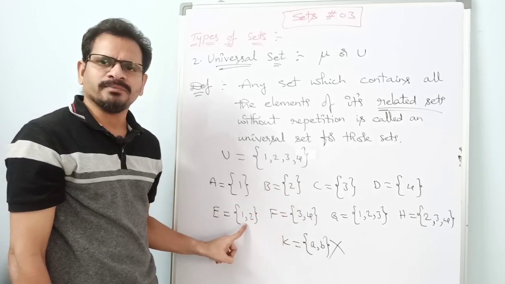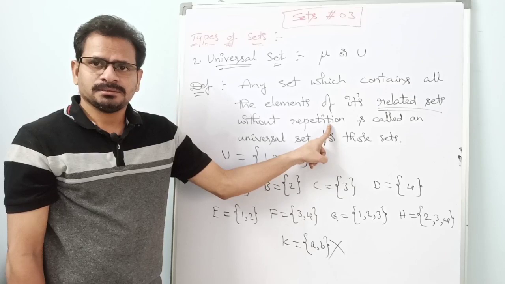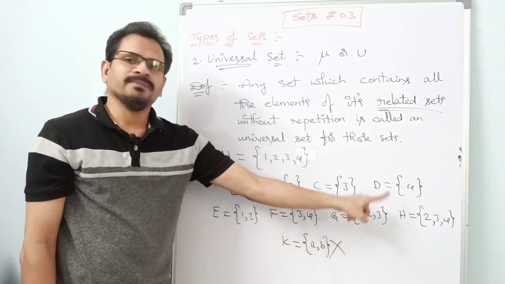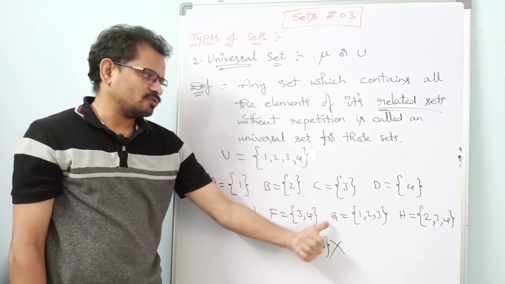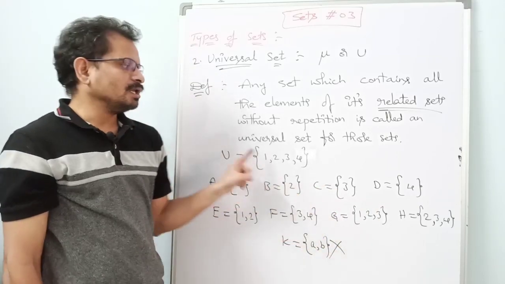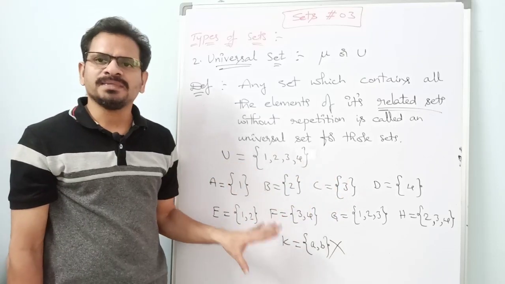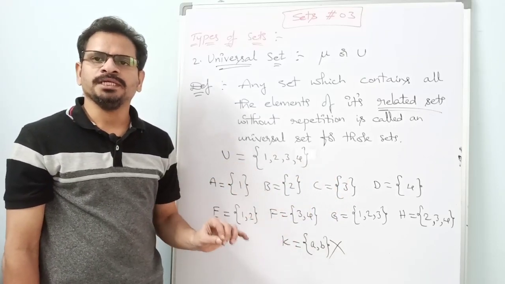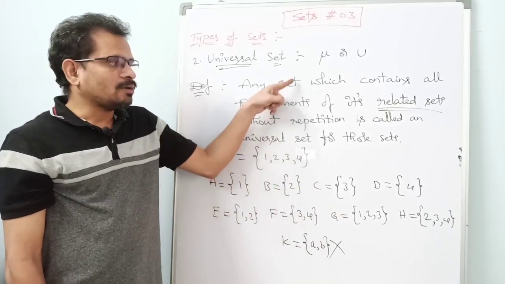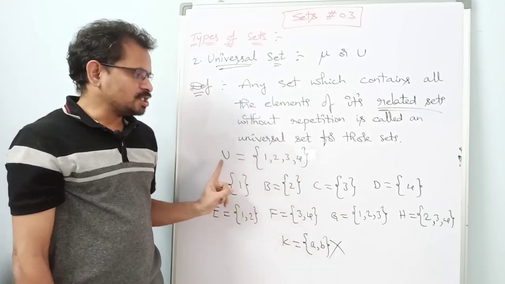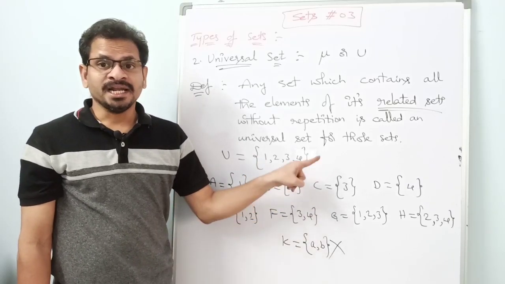No need to write them again because it is without repetition. But all these elements must be there. What are the elements here? 1, 2, 3 and 4. Only 4 elements, and all 4 are there. In the related sets, the elements are 1, 2, 3, 4, the same; all are there in this set. So according to the definition, it is clear, no? So this is a universal set and these are related sets.